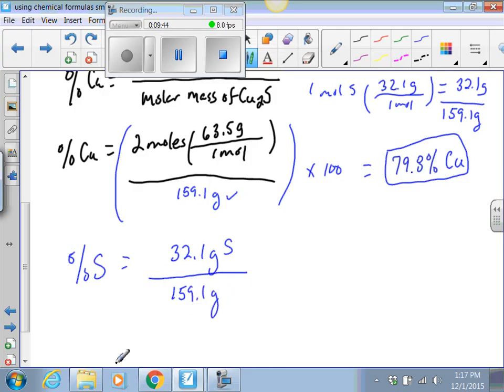So once we get this bottom number, we have a lot less to do because we use it in the same location in the next problem. Times 100. 32.1 divided by 159.1 gives 20.2.